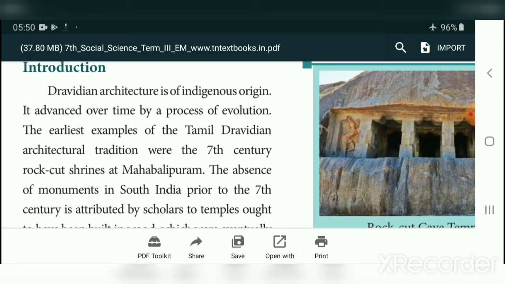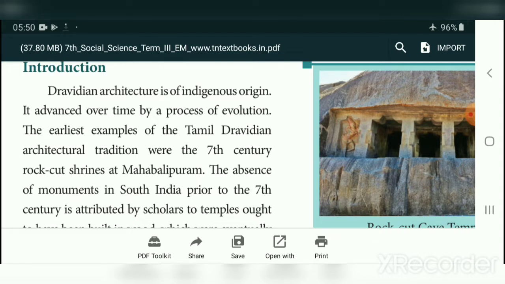Dravidian architecture is of indigenous origin in South India, particularly in Tamil Nadu. Our architecture name is Dravidian architecture. It is of local origin. Indigenous means local origin. It originated in Tamil Nadu. It advanced over time by a process of evolution.